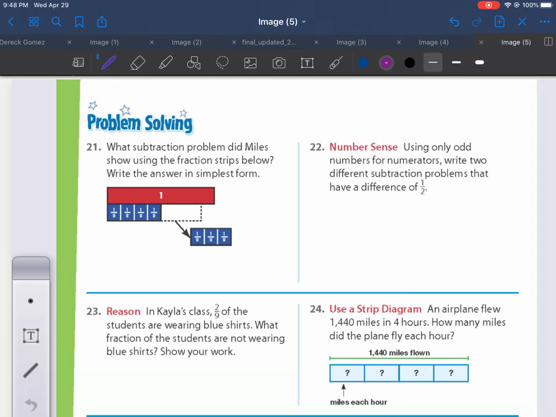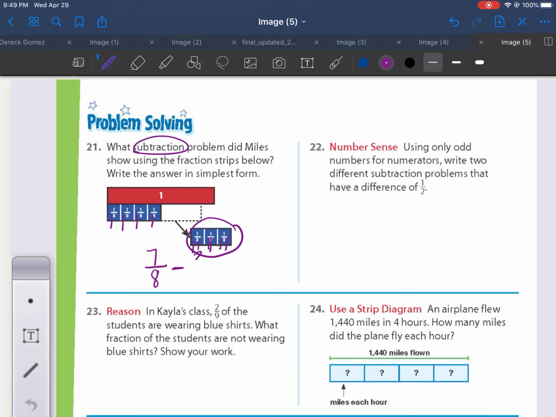to problem number 21. What subtraction problem did Miles show using the fraction strip below? Write the answer in simplest form. So I'm looking for a subtraction problem. So we're going to have to think, how many parts were there in all? 1, 2, 3, 4, 5, 6, 7.